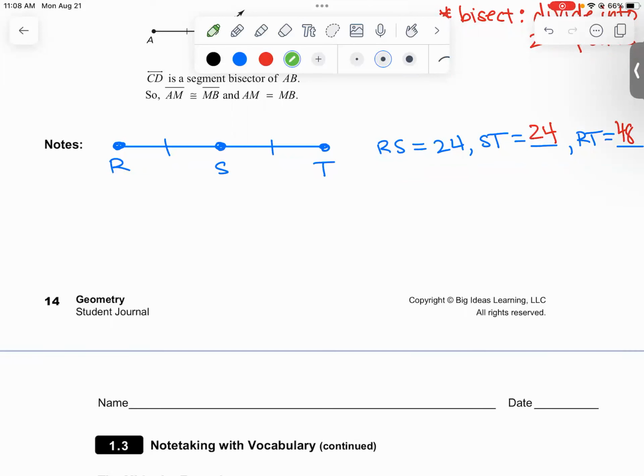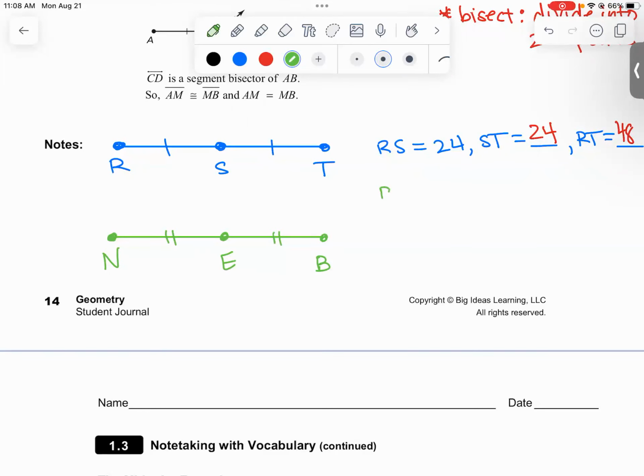Now, when I give you numbers, that's not going to be the hard part. The trickier part is when I give you the lengths in terms of an algebraic expression.